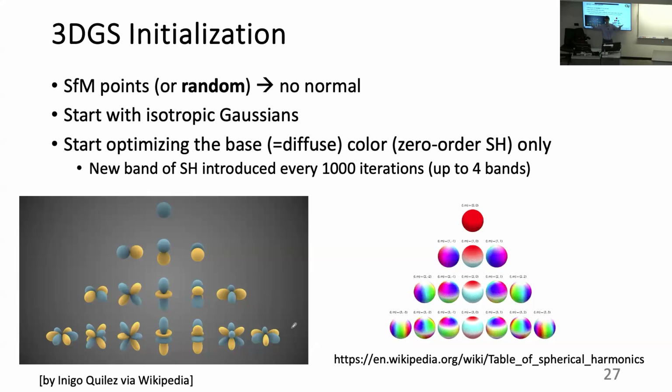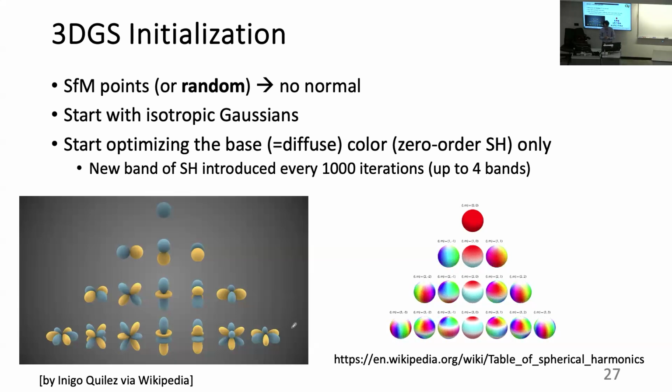So if we have just a couple images from some weird angles, then it might do some weird stuff with the view-dependent colors. So they just start optimizing for the diffuse color, which is the zero-order spherical harmonic component, and then they introduce a new band every 1,000 iterations.